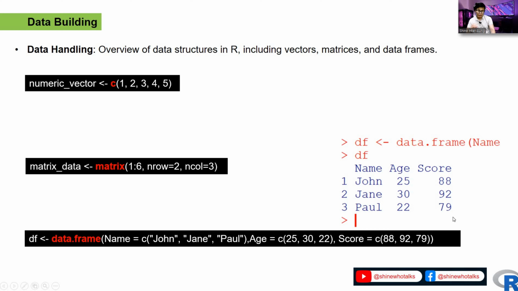Like that we create the data table. Like that, in R we can also create the data table by using the function data.frame. So according to this slide, in R we can build a data table easily.